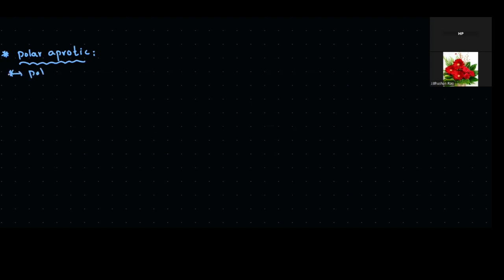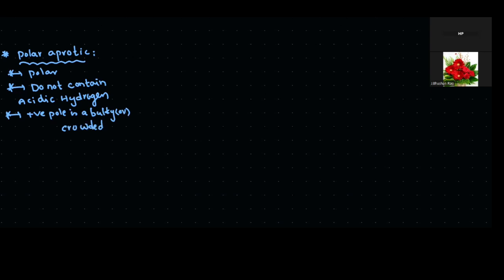The second condition: they do not contain acidic hydrogen, unlike the previous case. The third condition: the positive pole is bulky, or crowded. Only a bulky or crowded group develops the positive pole.